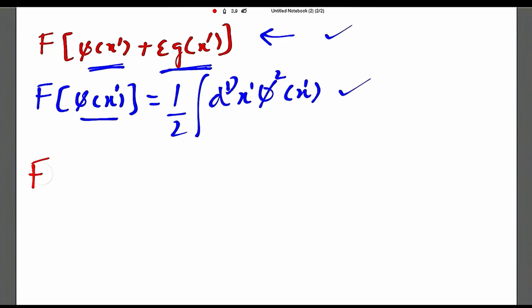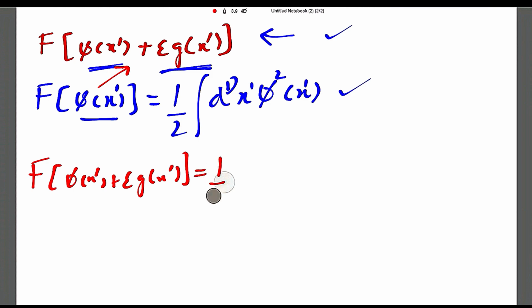So let's do that. We will replace phi of x prime by this new argument, phi of x prime plus e g of x prime, and that is equal to half, that stays the same, dx prime, it also stays the same.